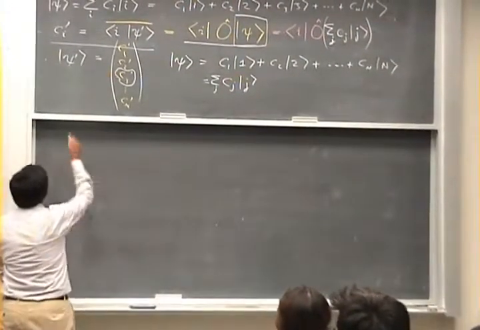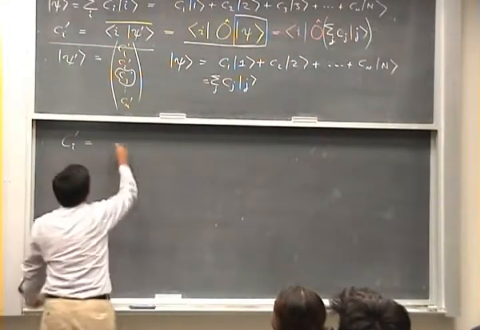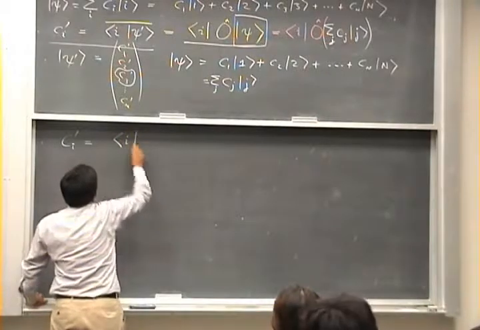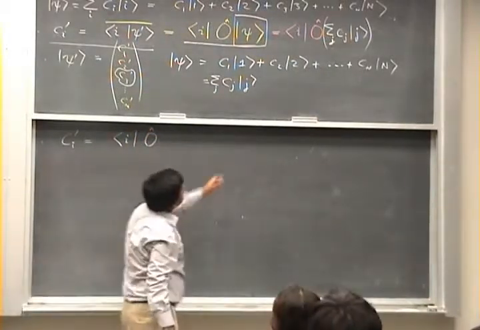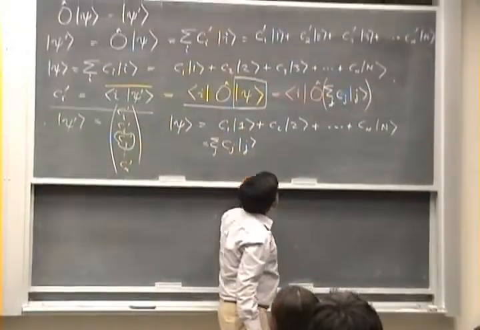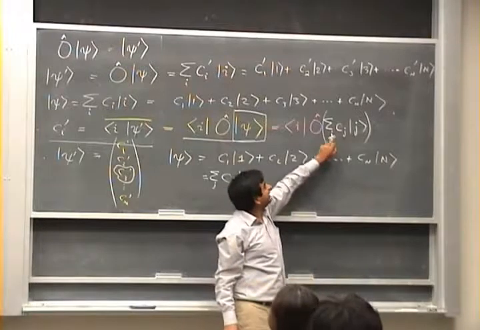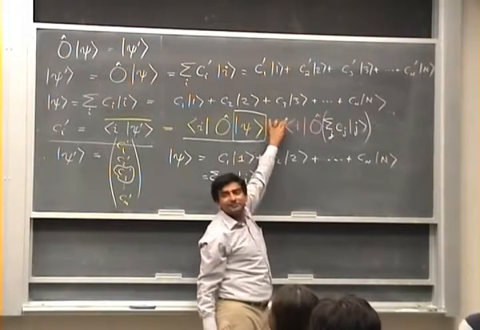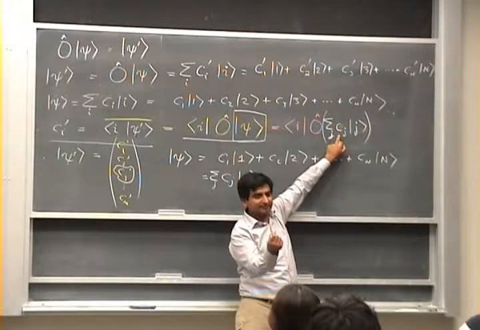This means that my Ci prime is given by I operator O. Now this is the sum over all of j. So I can take this sigma sign outside. And this Cj is just a number, it's a scalar.